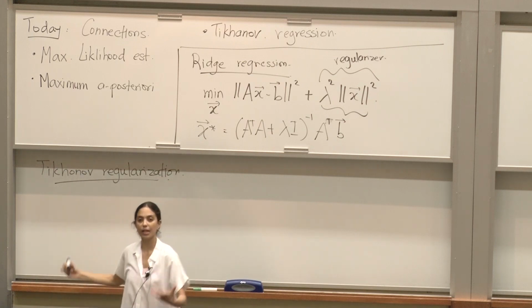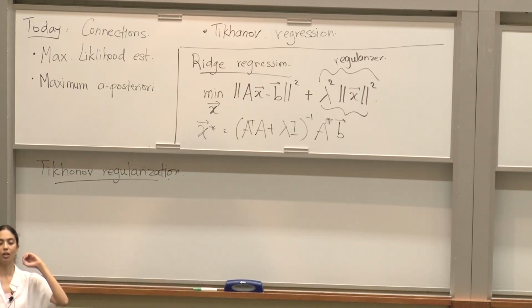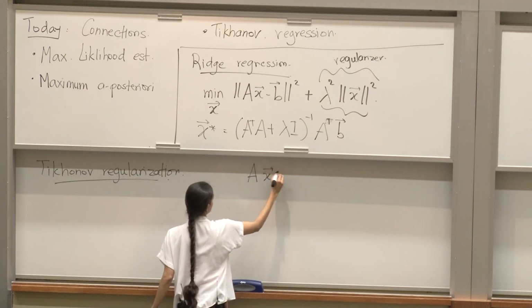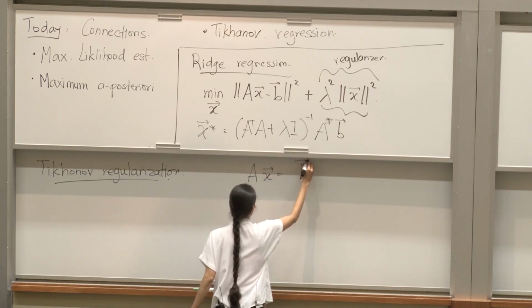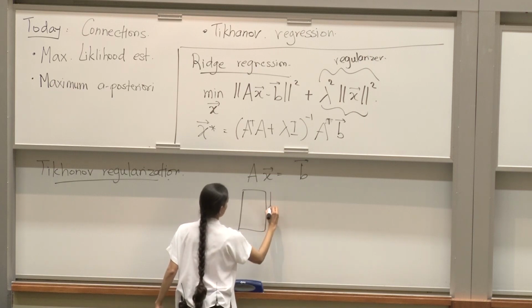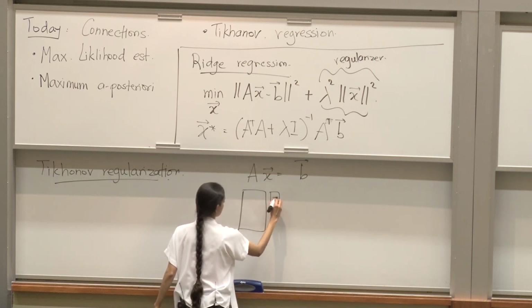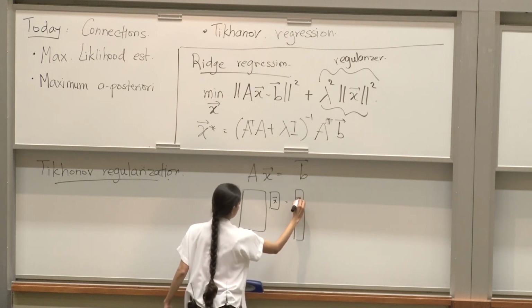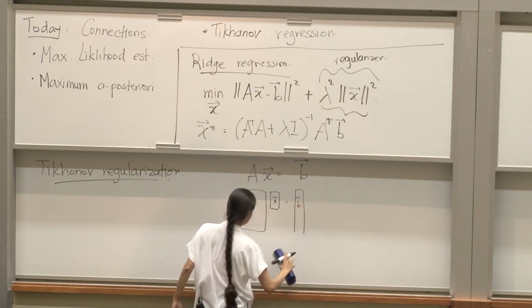Remember at the end of class last time, we talked about the idea of what if someone came in and added a little bit of data to your least squares experiment that told you something more about it? Your original experiment was AX equal to B, and we drew that as some A, then some X, and then some B. This should be the same height as A.